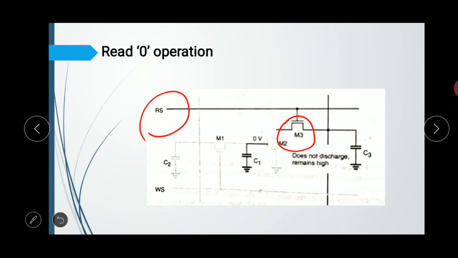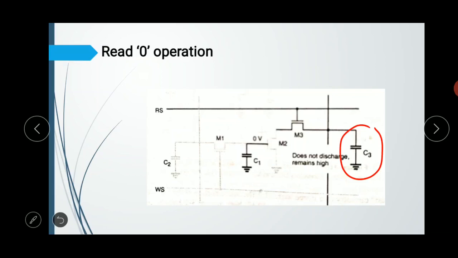but since M2 is off, meaning as there is no charge present in C1, M2 is in off condition. There is no conducting path between the column capacitance C3 and ground. Just before the read 0 operation we do the pre-charge operation.